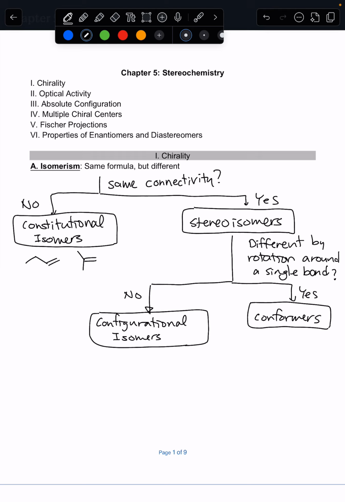Now, this particular word, configurational isomers, is not very well used, so I'm not as keen on you knowing about that. But if the two molecules are different because they're mirror images of each other, but they're different, then those are called enantiomers.